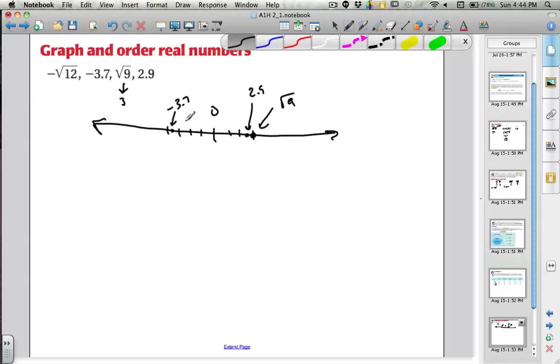So when I put that on here, it's really close to this value. And that's the opposite of radical 12. Okay, but what's difficult when I have a mix of decimals and radicals is I need to try to put them all into the same format. So to help make this more clear, I went ahead and made it a decimal.